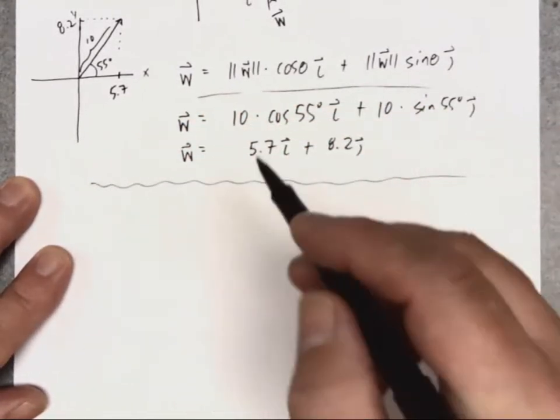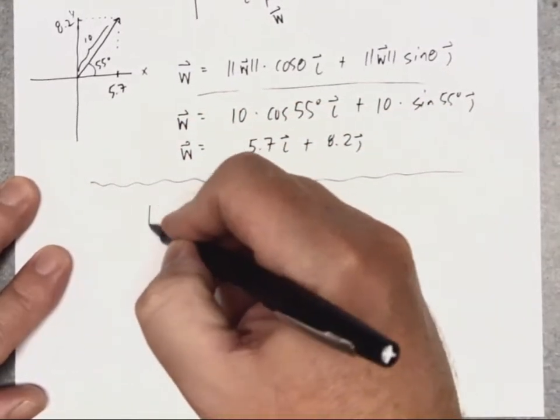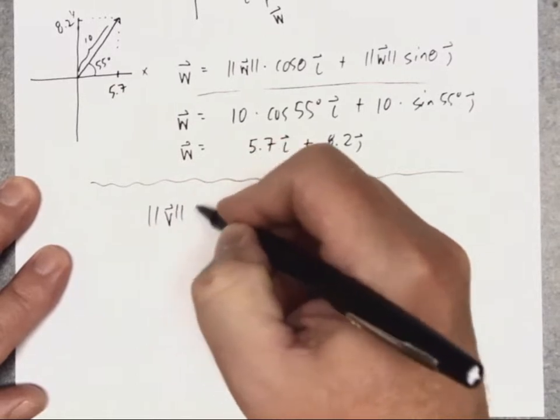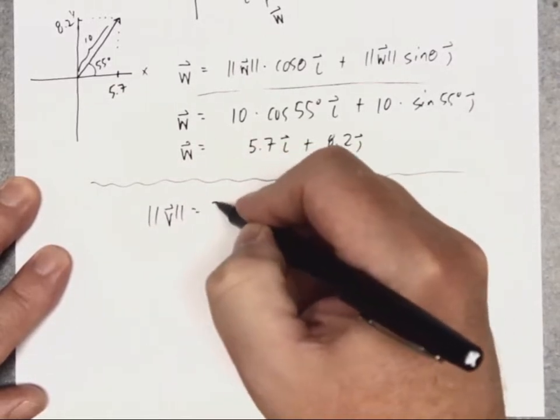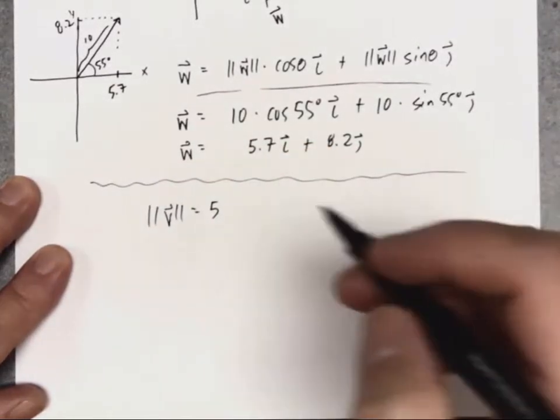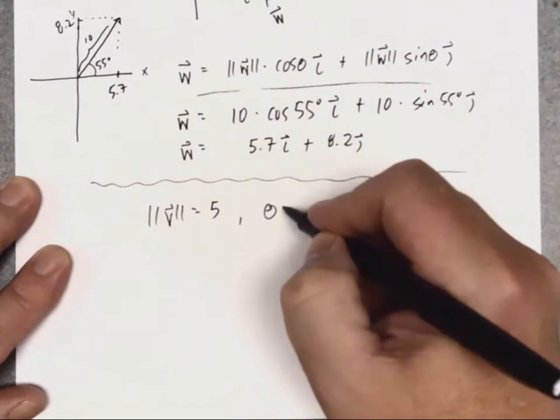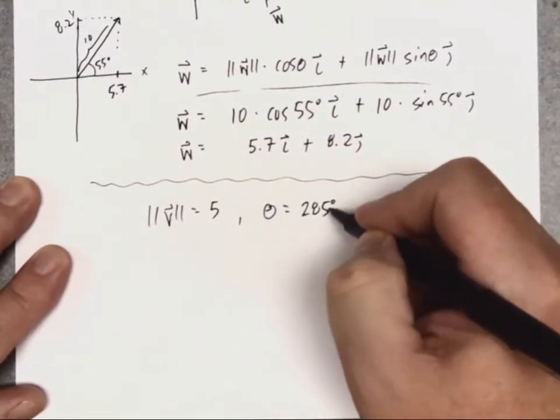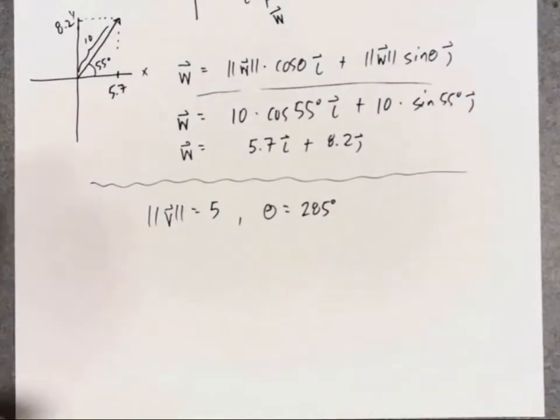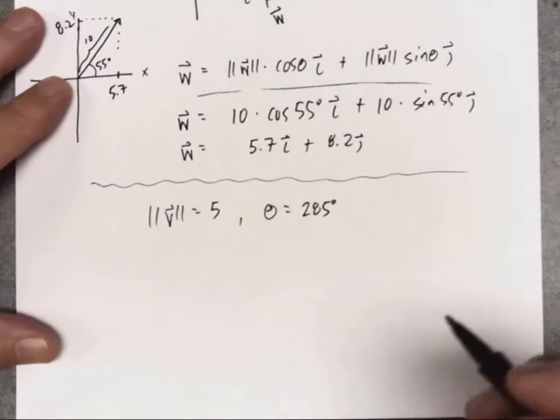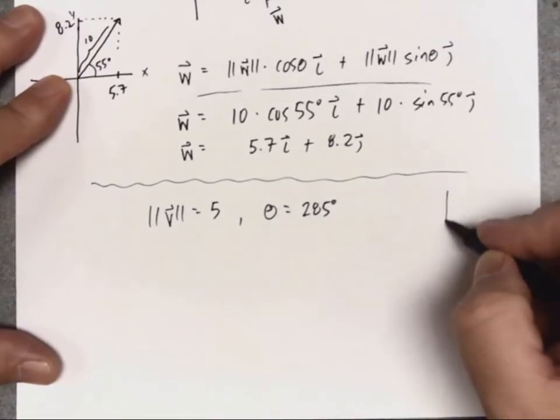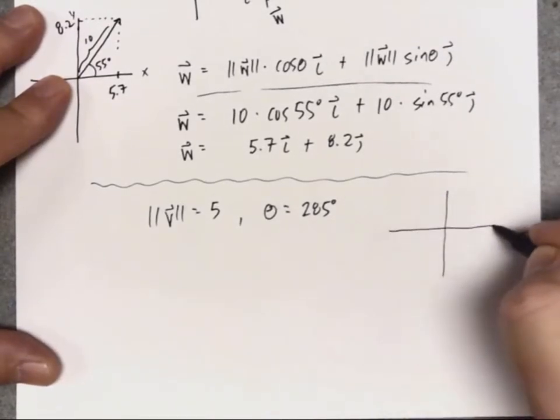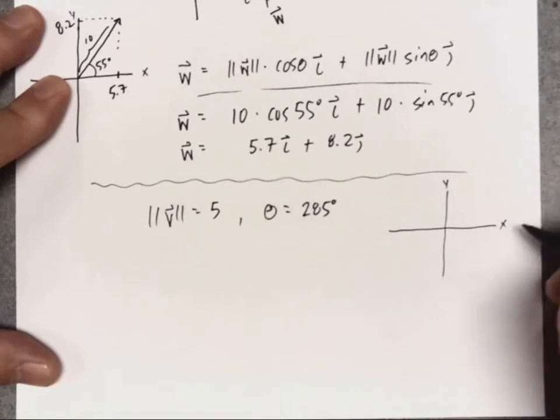For example, what if we were given this vector, the magnitude is 5, and the angle is 285 degrees. So that seems like a candidate. That's off in probably the fourth quadrant, and you think, oh boy, that could be something goofy. Matter of fact, if we draw it, make a quick sketch, it looks something like this.